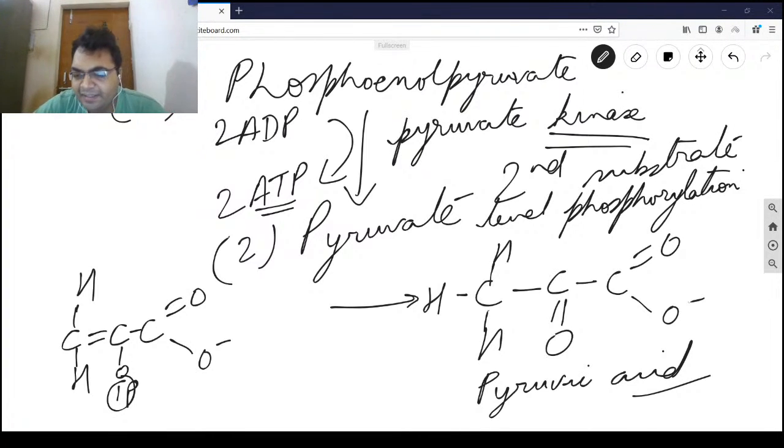If it is a little bit positive, then it will be a reversible reaction. Let's take the example of aldolase, where from fructose 1,6-bisphosphate I formed dihydroxyacetone phosphate and glyceraldehyde 3-phosphate.